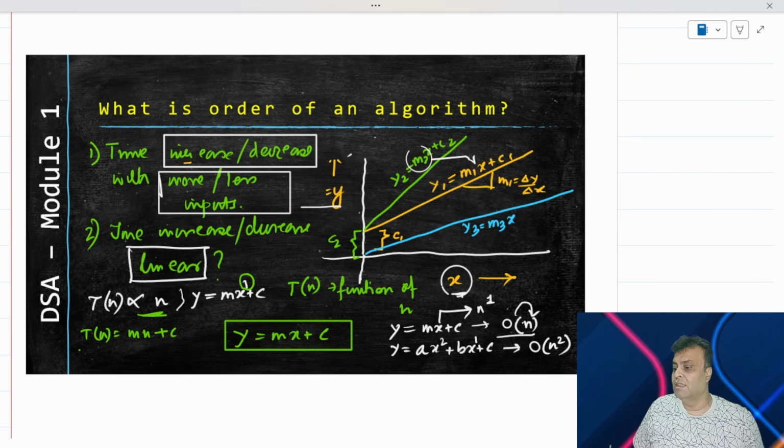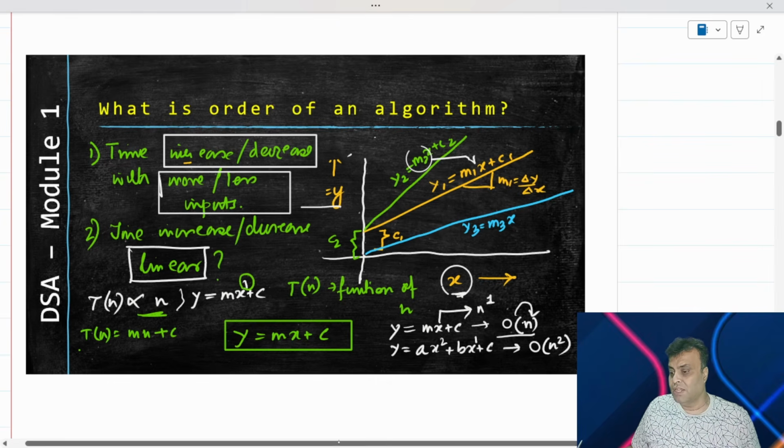The more I give n, y will increase in a square manner as n increases in a singular manner. So the order, or rather the degree, of a particular polynomial defines the order of execution of time, right?